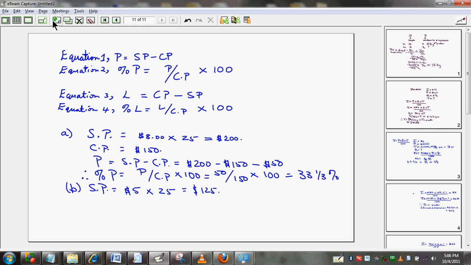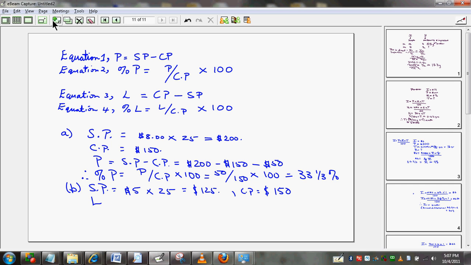We know what his cost price was from before. His cost price still was $150. We can't change that. So if you observe, his cost price now is $150, which is higher than his selling price of $125. So in this case, he's going to make a loss.